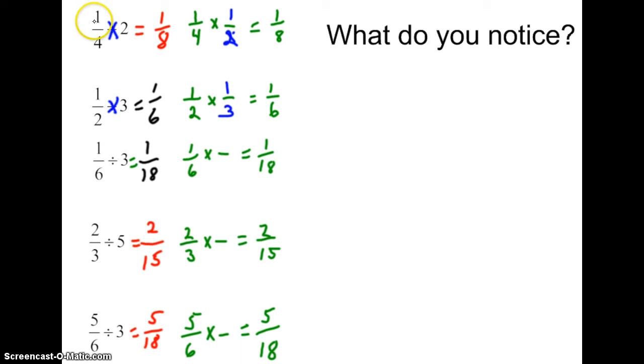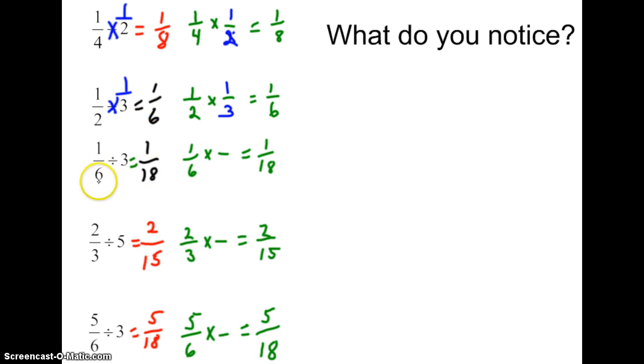Well, hopefully you've noticed that we've taken 1/4 and we're multiplying it by the reciprocal of 2, which is 1/2. We're taking 1/2 times the reciprocal of 3, which is 1/3, and that equals 1/6.